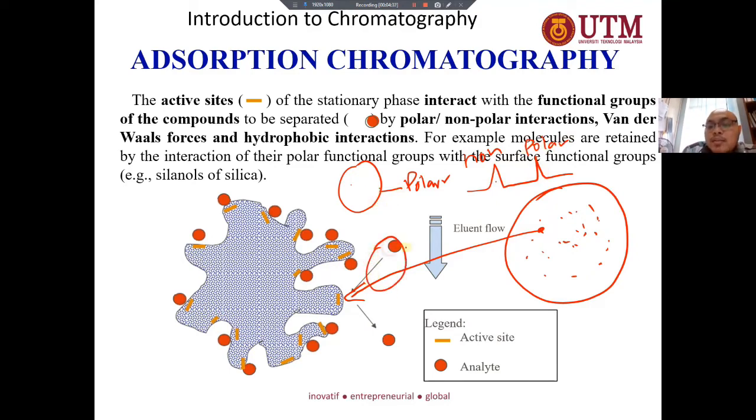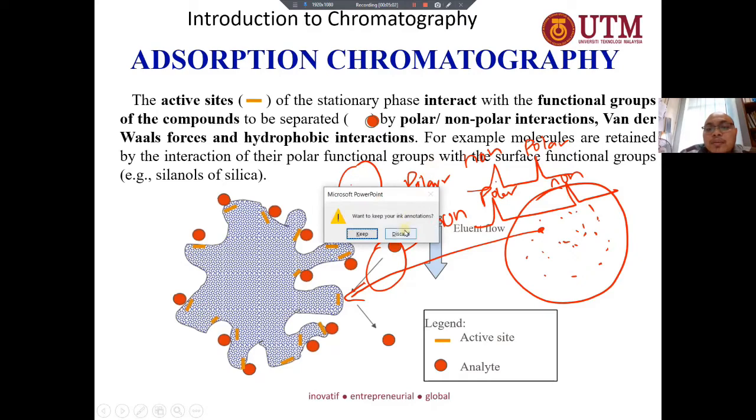If the surface has a non-polar active site, the polar analyte will elute earlier. The non-polar will elute last because it interacts the most with the surface of the particle, or surface of the stationary phase.